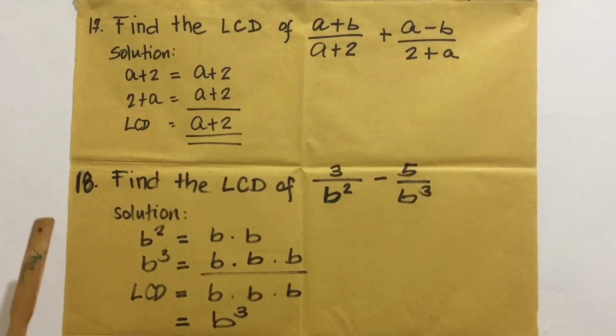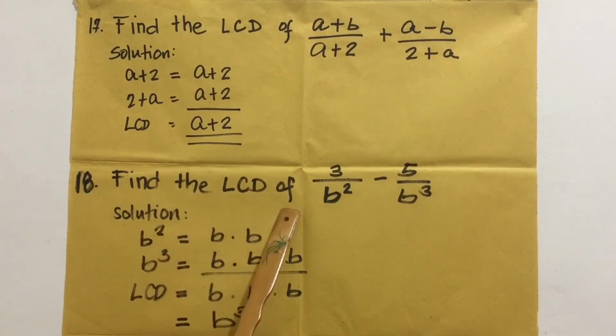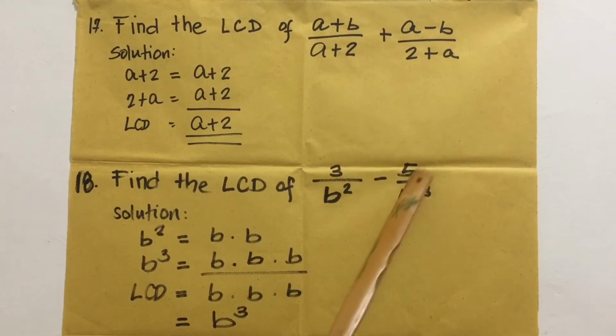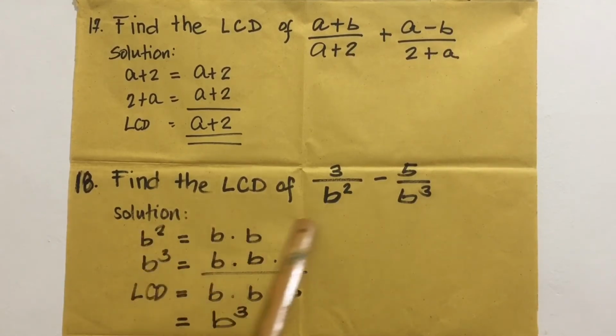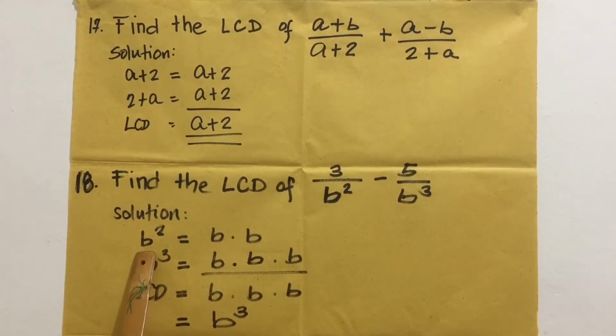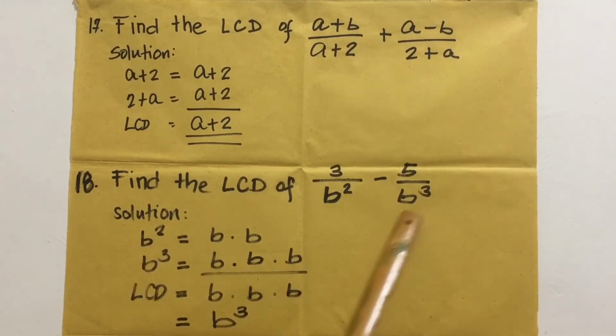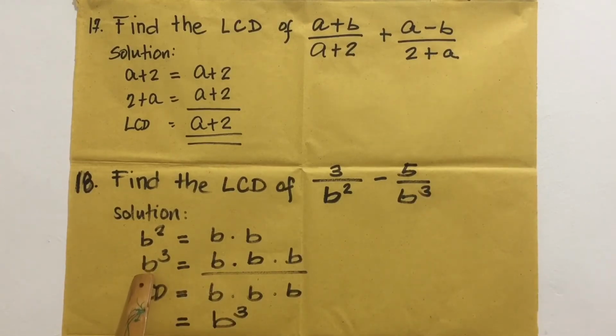Next, number 18. Find the LCD of 3 over b squared minus 5 over b cubed. Okay, finding the LCD, our concentration is to find the LCD of b squared and b cubed. So our solution, copy first the denominator of the first rational expression, and the denominator of the second expression is b cubed.